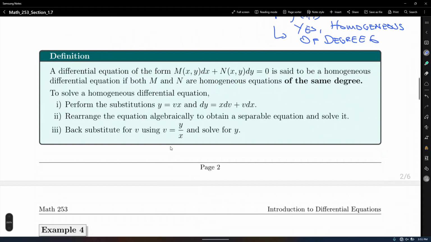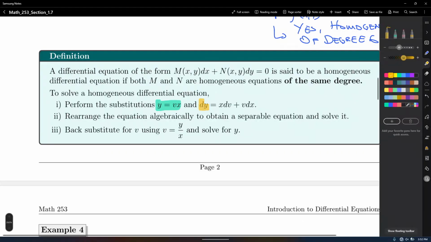So, number 1, perform the substitution y equals vx. And of course, find the differential of y using the product rule: x dv plus v dx. All right, we're using the product rule for a differential of a product. So we're going to substitute number 1, this guy for y in our equation, and this guy for dy in our equation.